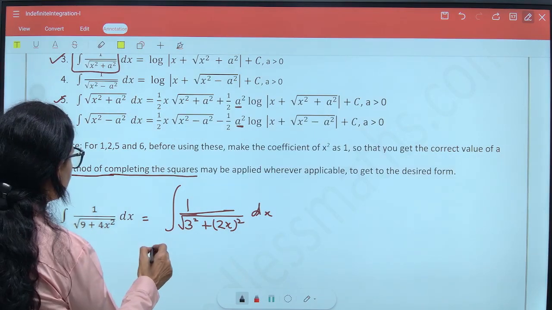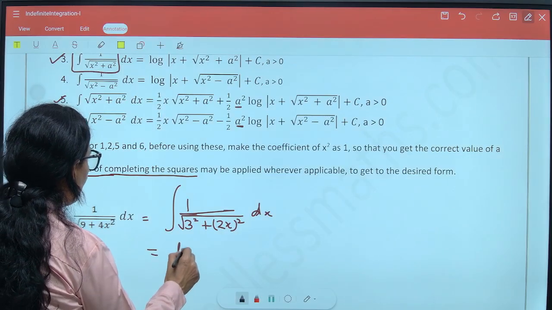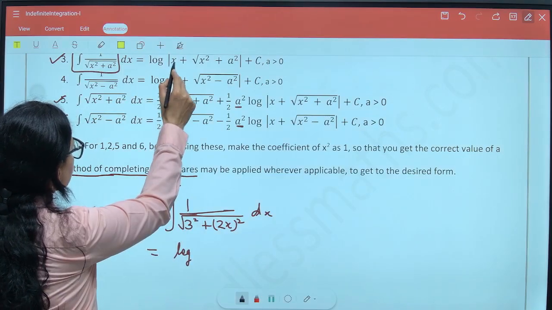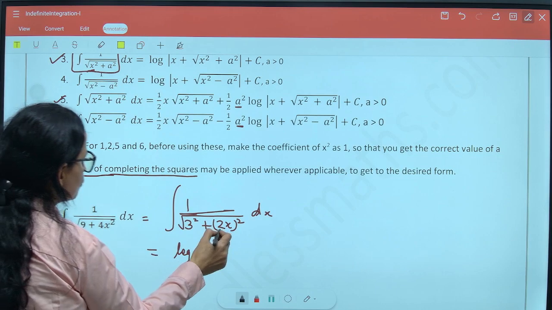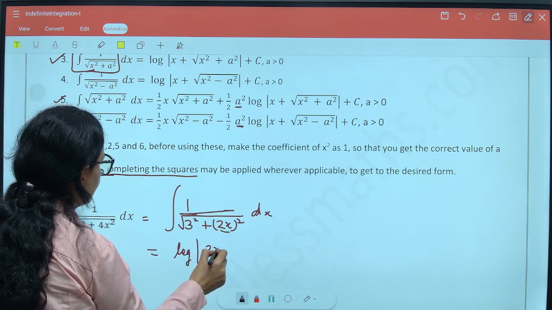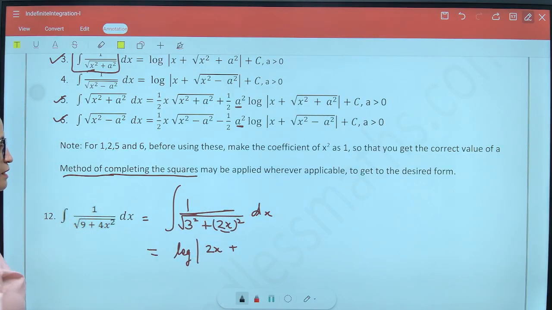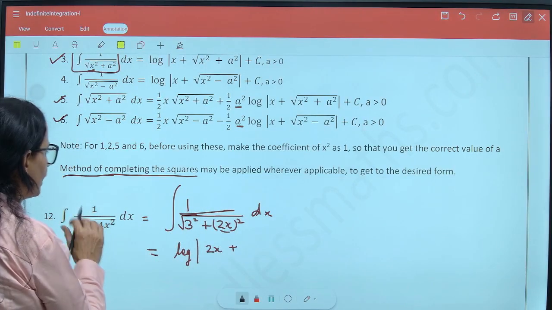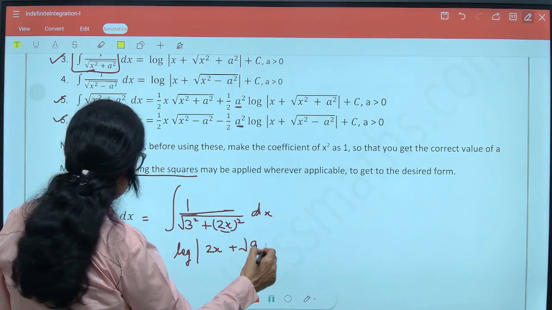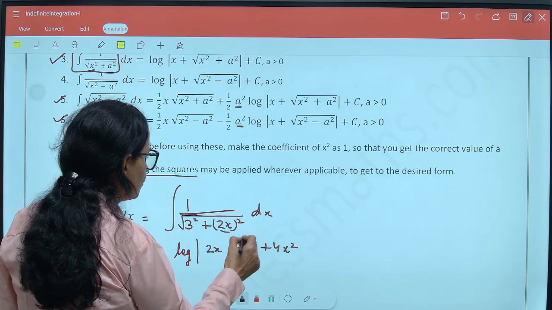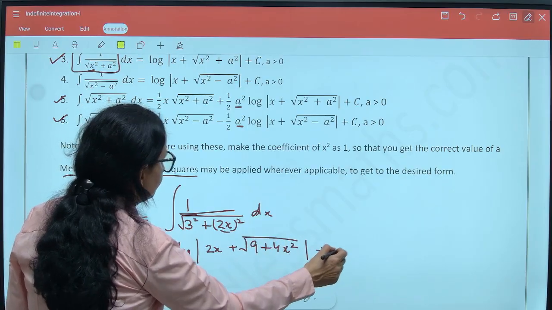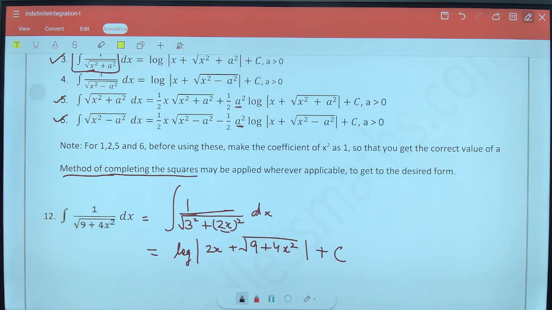The integral of this is going to be directly log of x, and x was this 2x here, so you will write log of 2x plus whatever was under the radical sign. No need to write it in this form, just write whatever was there in the question. So it is 9 plus 4x square, and that's it, add c. So this is the integral of this question. Easy. You need to remember the formula and just apply it as it is, right?